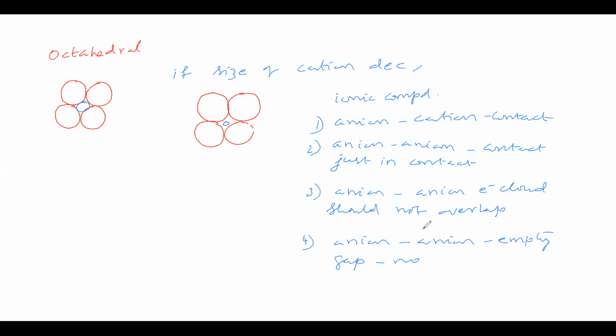Ionic compound means, now we are considering an octahedron. If the size of the cation is decreased, what will happen? Will the anion try to touch the cation or not?